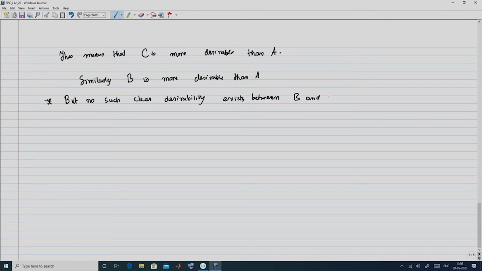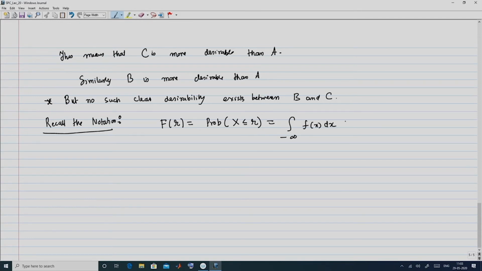Okay, so now it is time to just recall the notation for cumulative distribution that you had obtained at the beginning of the course. So, the notation F of r, and I am using r to indicate that we are looking at the return random variable. This is the probability that x is less than or equal to r, and in the continuous time framework, this is the integral of f of x dx, where f of x is the probability density function of x, and the integral goes from minus infinity to r.